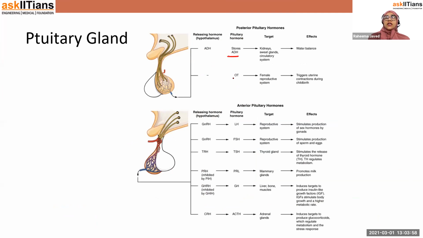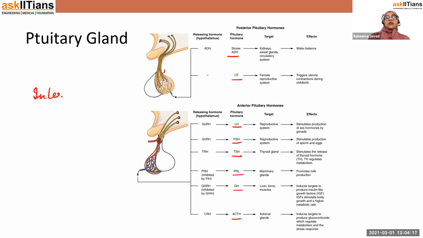So ADH and oxytocin are the two hormones of posterior pituitary, and anterior pituitary: luteinizing hormone, follicle stimulating hormone, thyroid stimulating hormone, prolactin, growth hormone, and adrenocorticotropic hormone.